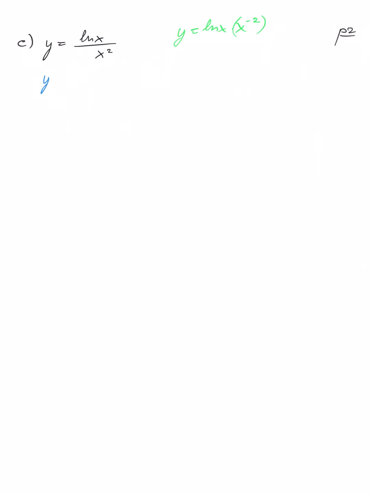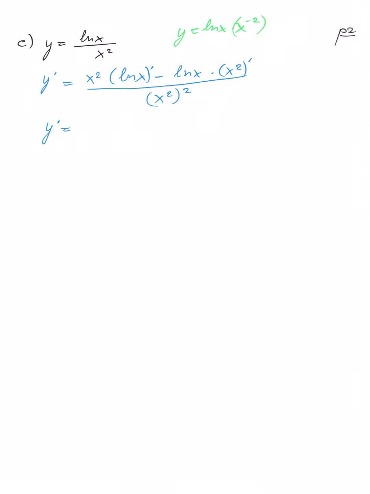Then y prime is going to equal the denominator, just copy it, times ln of x prime, minus ln of x times x squared prime, over x squared squared.